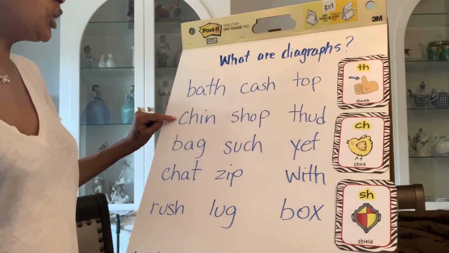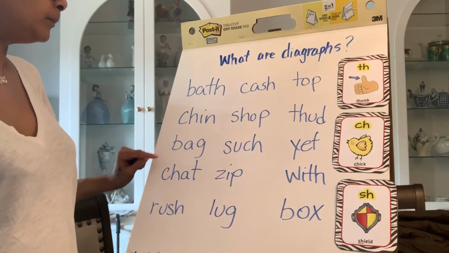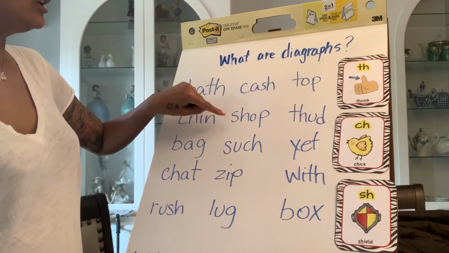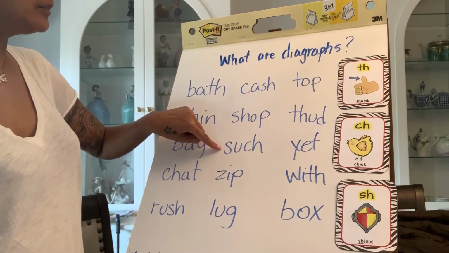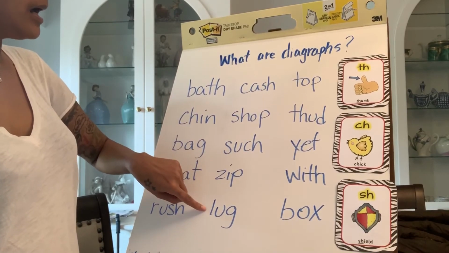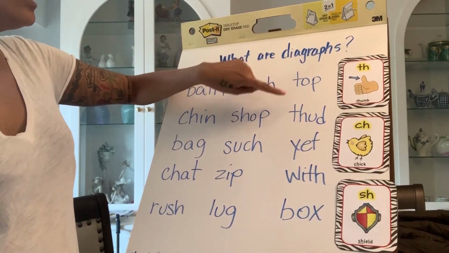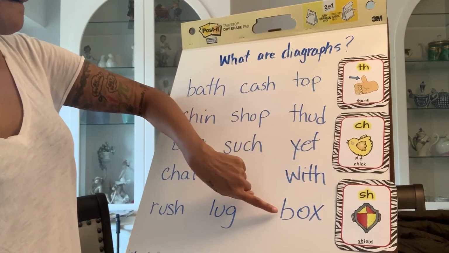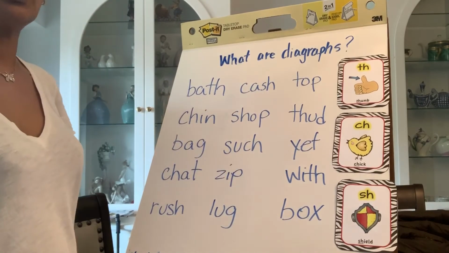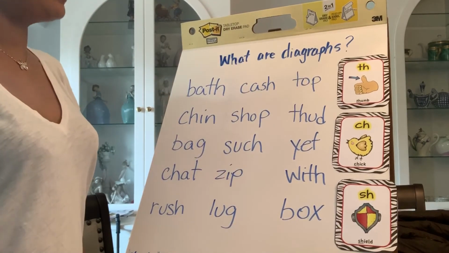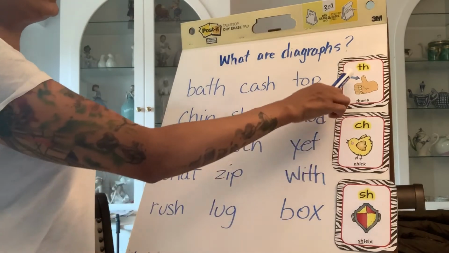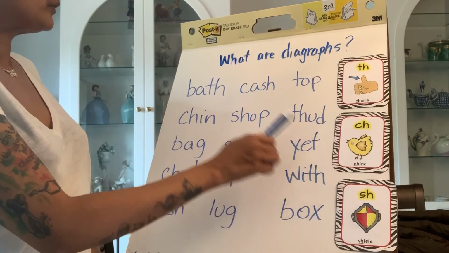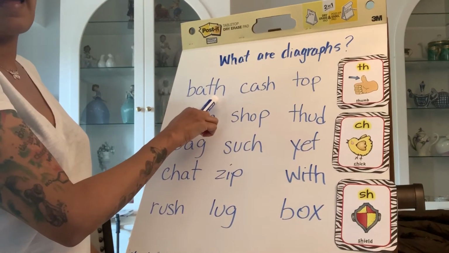Bath, chin, bag, chat, rush, cash, shop, such, zip, lug, top, thud, yet, with, box. So let's put our I Spy glasses on, and we're looking for words that have the TH, CH, and SH sound. So let's look at the word bath.